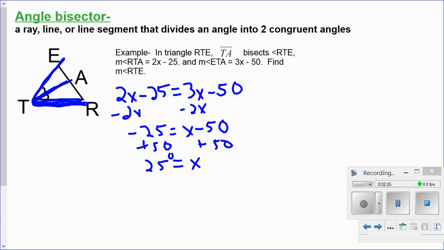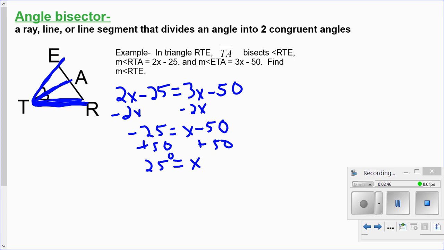RTA and ETA should be congruent. So I'm going to go ahead and substitute x back into one of those. It doesn't really matter which one, and figure out what the measure of one of those equals, and then we'll just double it because those two angles are congruent, because we want the large angle, angle ETR or RTE.